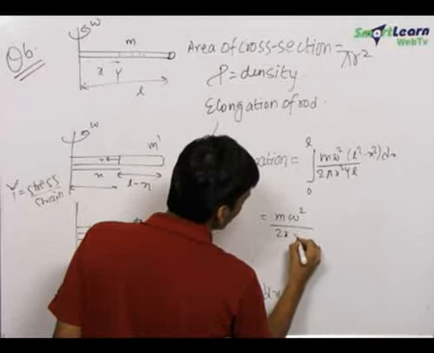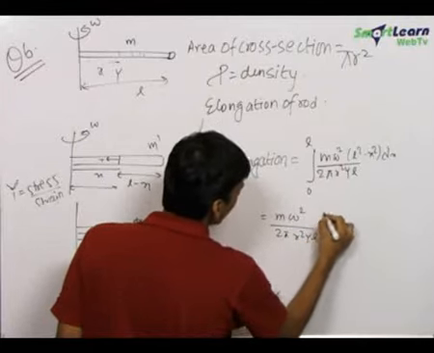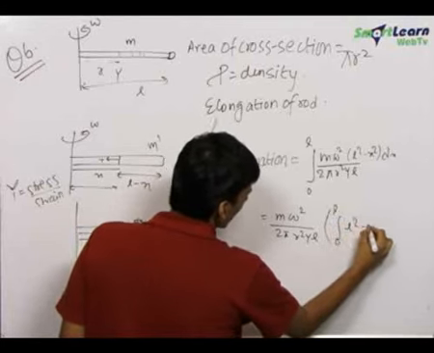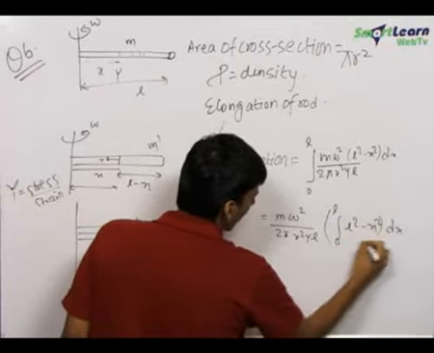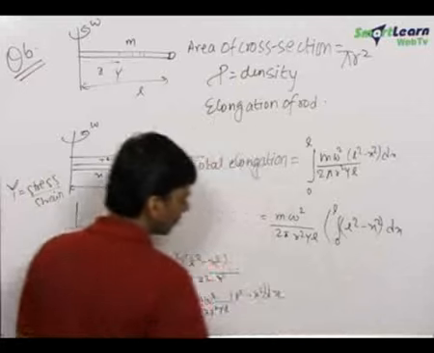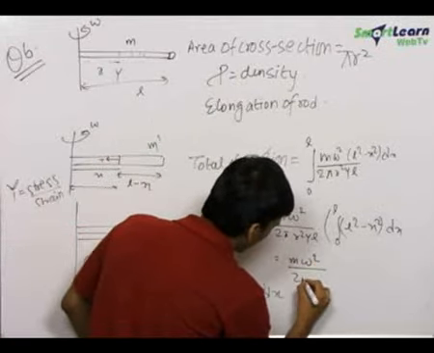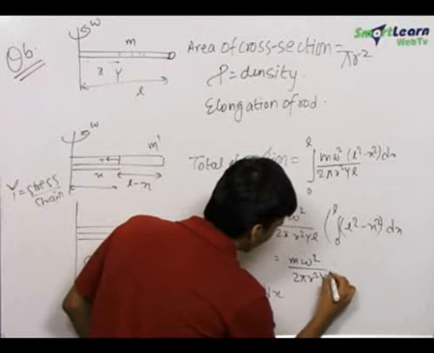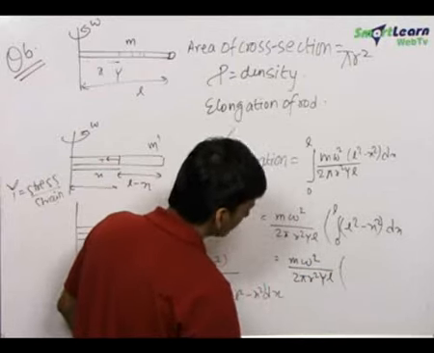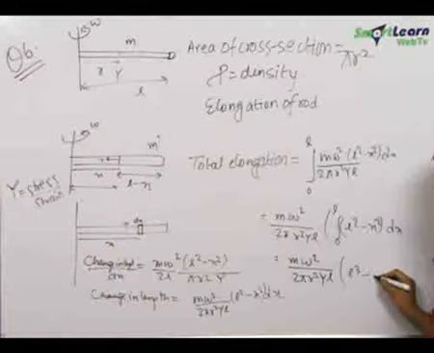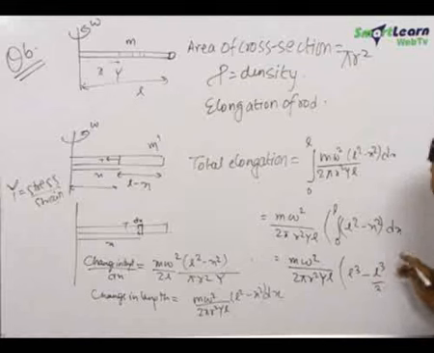upon 2 pi r square Y into integration of 0 to L, L square minus x square dx. This is equal to m omega square upon 2 pi r square Y into L cube minus L cube by 3, that is equal to 2L cube by 3.